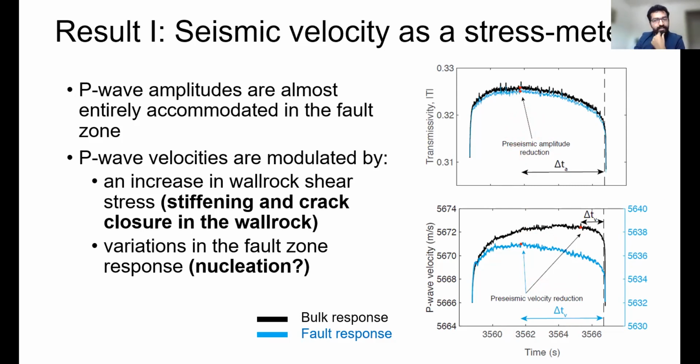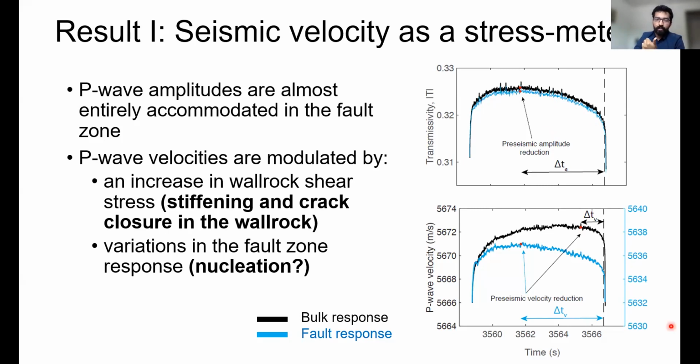So first, we see that the onset of amplitude reduction and the amplitude trends overall barely change regardless of if you look at the bulk or the fault zone response. And so what this means is that the amplitude changes that we document are entirely coming from the fault alone.